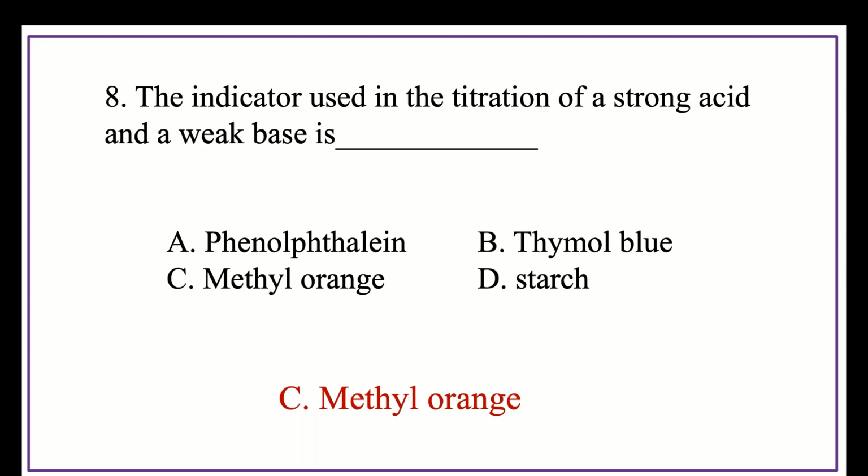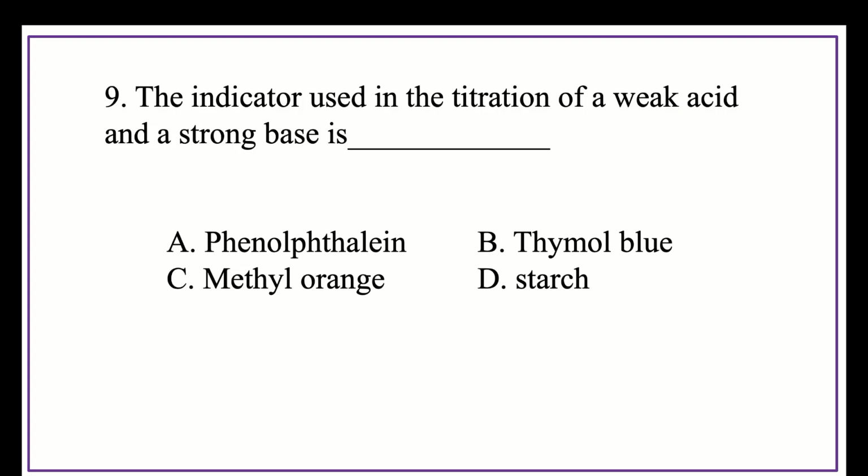Okay. Next question. The indicator used in the titration of a weak acid and a strong base is? So for titration of a weak acid with a strong base, we require an indicator which has its range above 7, highly in the basic medium, because we are titrating it with a strong base. So after the end point it requires a color change in the basic solution, so it has to be above 10.